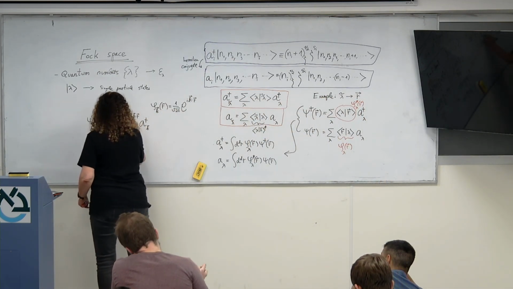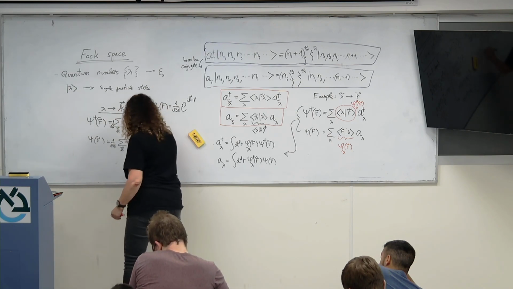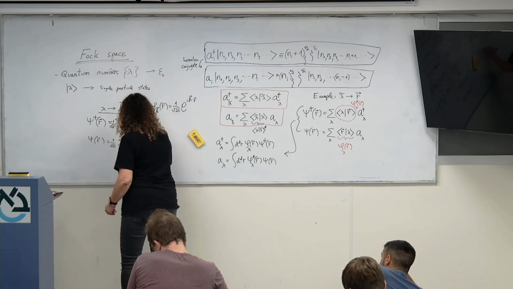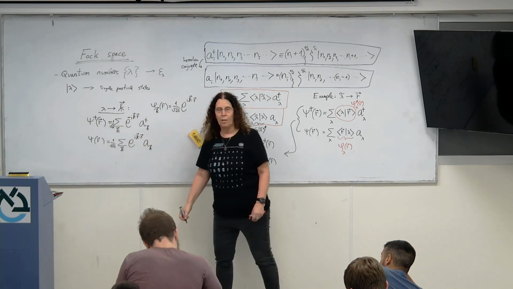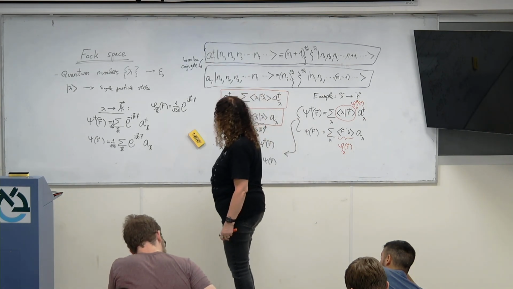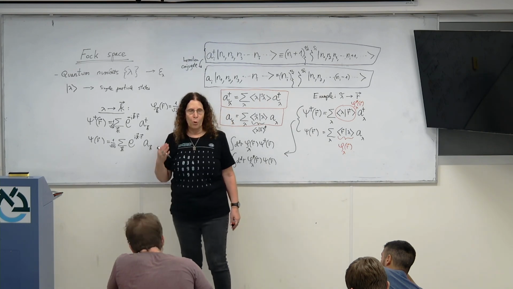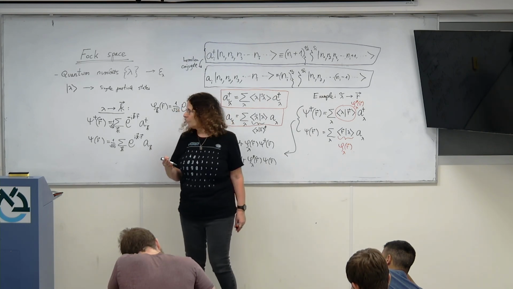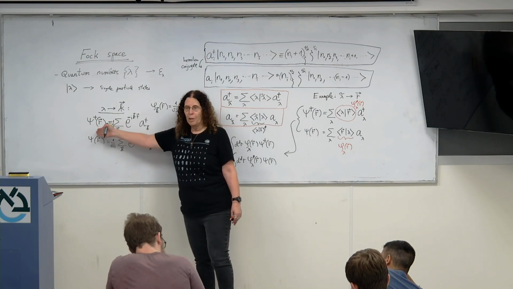So here I have a minus, and here I have e to the plus i k r. What I wrote here is nothing but a Fourier representation for the real space too.